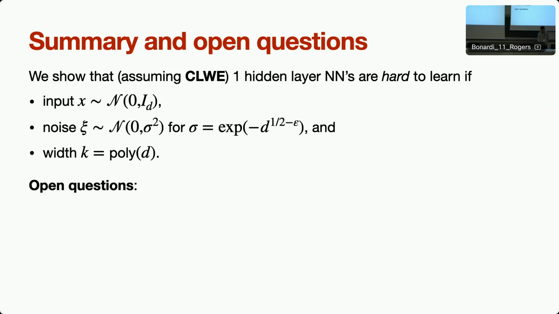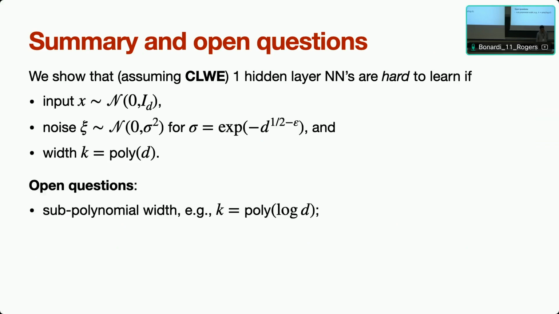And there are still some open questions. The first one is, of course, can you make this width even smaller, like polylog of D? And second, can we pose some assumption on the weights and still prove the hardness?